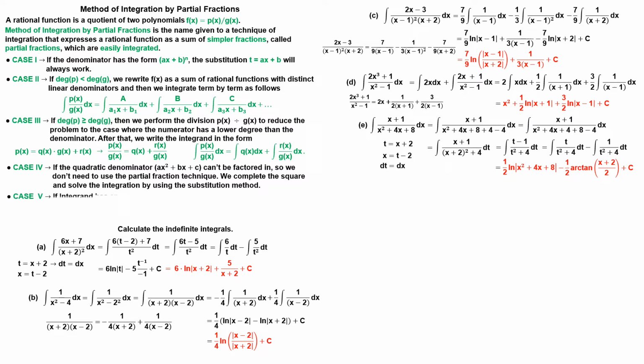Case 5. If the integrand has an irreducible quadratic factor in the denominator, the numerator of the partial fraction that contains the irreducible quadratic factor is written as a linear factor ax plus b.